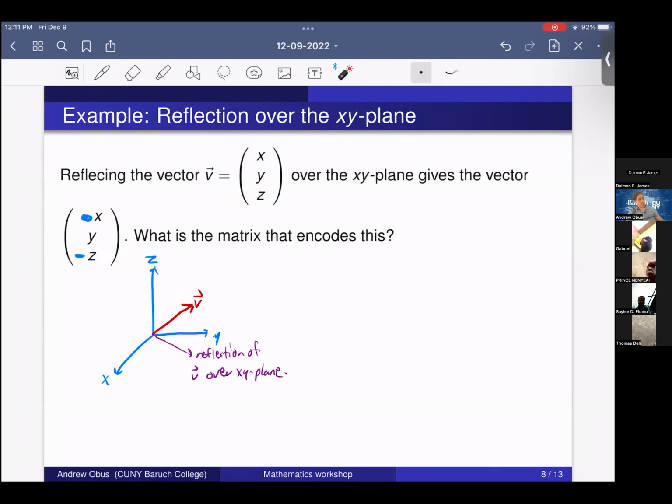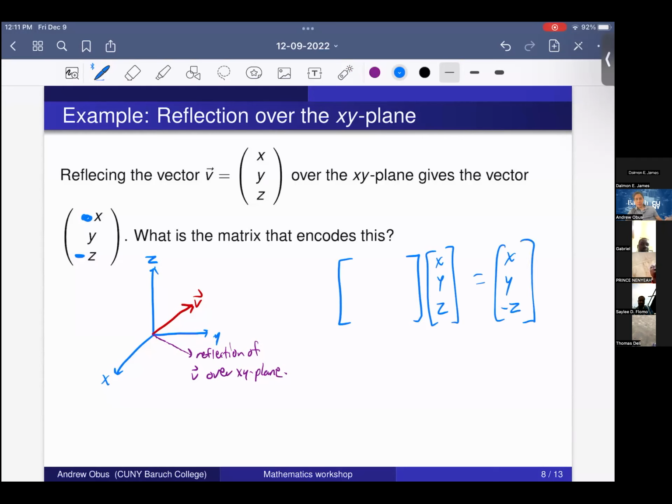Okay. So we want to know what's the matrix that encodes this. So here's a question. Maybe one of you can guess it. I want to know what matrix will send x, y, z to this new vector x, y, minus z. Well, I know that if I just do the identity matrix, that's going to send x, y, z to itself.